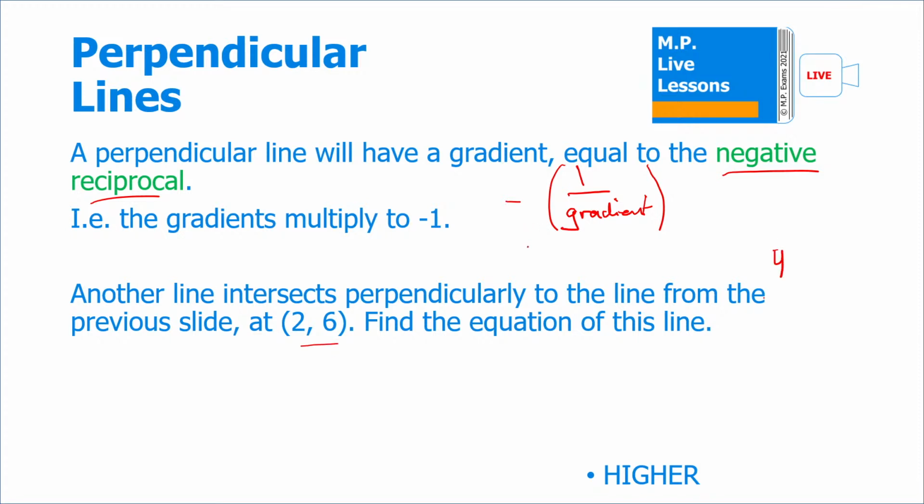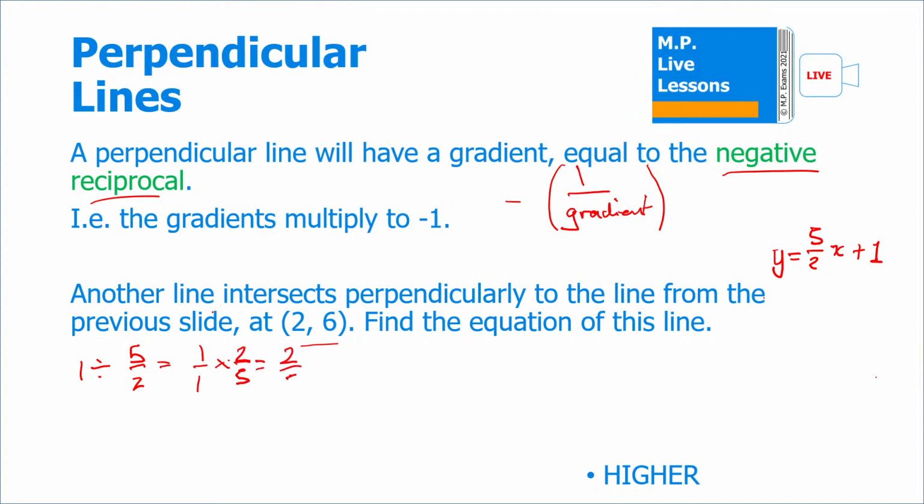So our equation was y equals 5 over 2 x plus 1. So if we invert this, if we do 1 divided by 5 over 2, we'll have to invert the fraction.